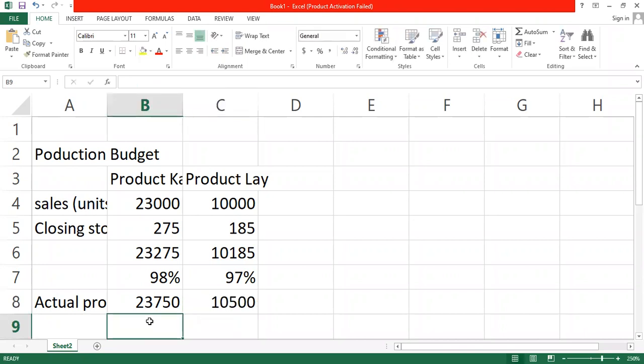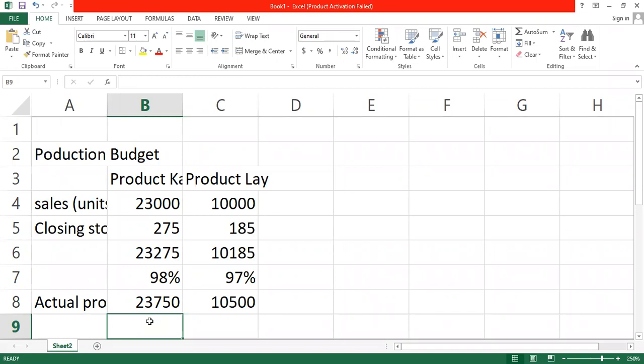So what is the quantity of the goods that were rejected for K? What unit of the goods were rejected for K?